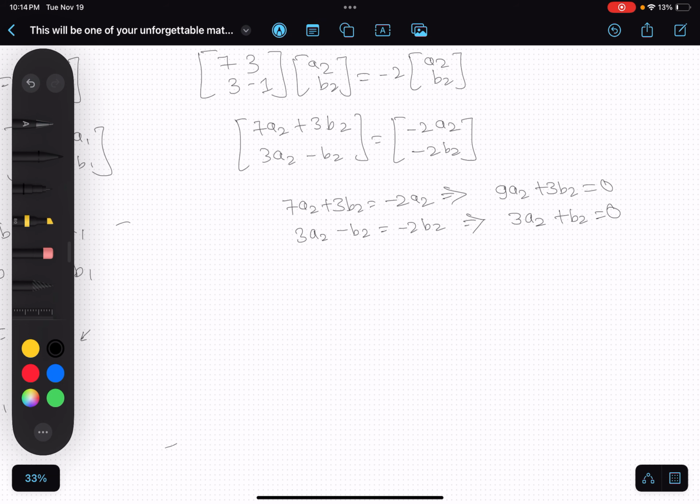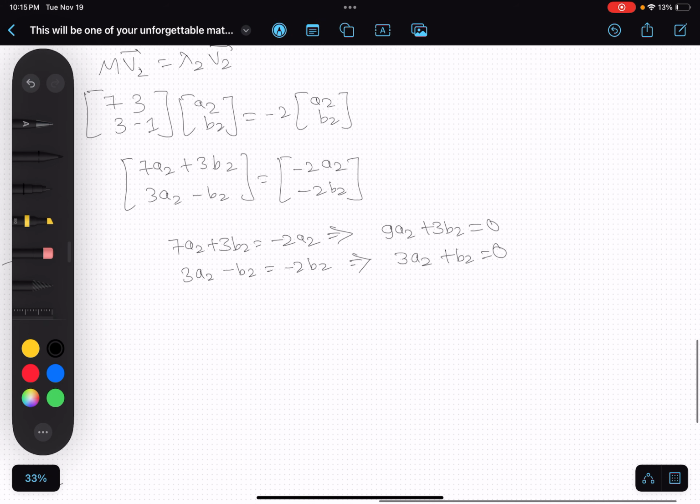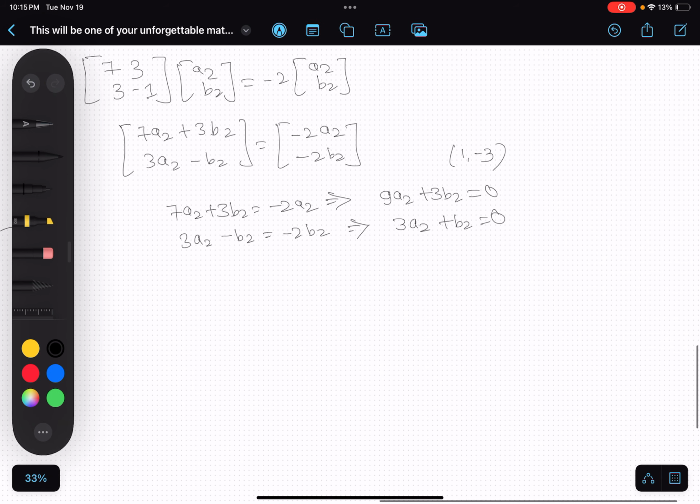Again, just like earlier, it's enough to solve one of the equations, right? Because basically they have infinite solutions, they are kind of coinciding lines, right? Okay, now notice that the solution will just be a2 equal to 1 and b2 equal to negative 3, right? So 9 minus 9 is 0, 3 minus 3 is 0, yeah. And also all multiples t of this vector 1 minus 3 are solutions, but we just need a simpler solution.